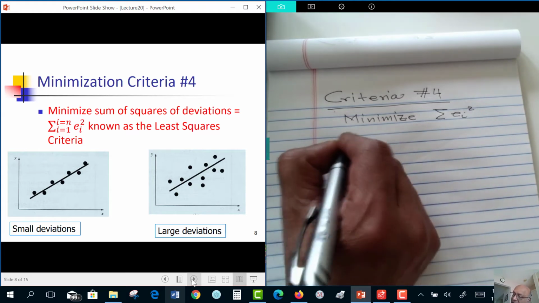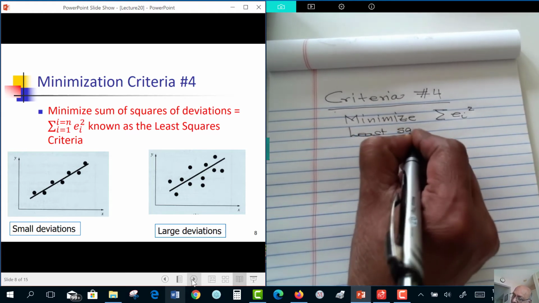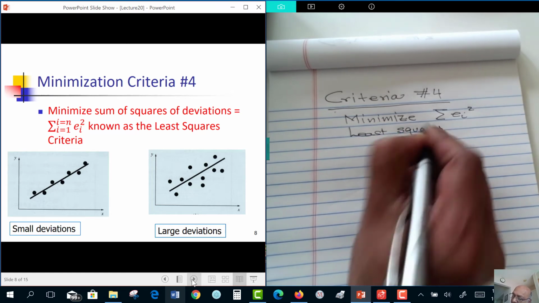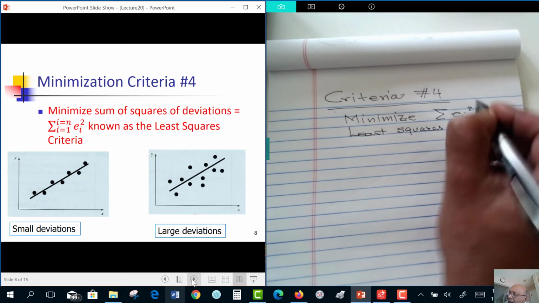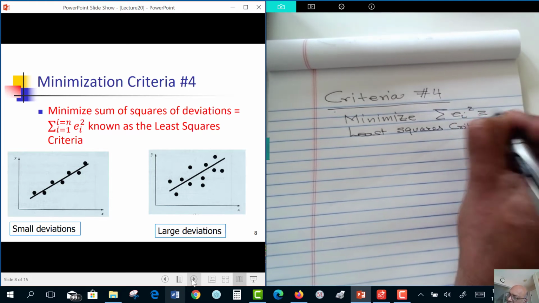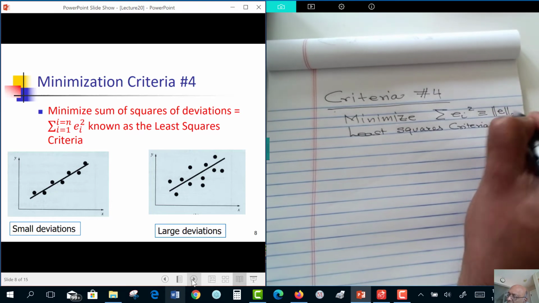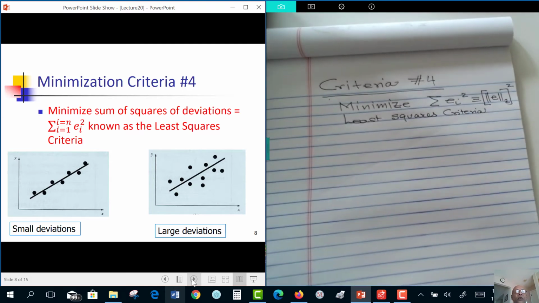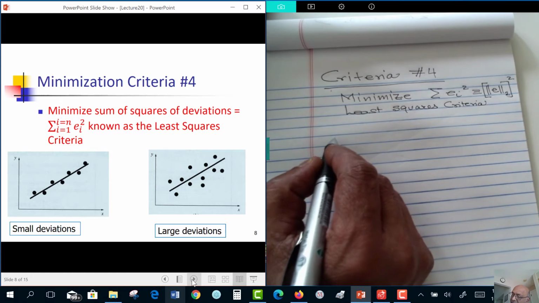And this is called the least squares criteria. Remember that this basically means we are taking Euclidean norm and squaring it. So it is same as minimizing the Euclidean norm of our deviation, vertical deviation.